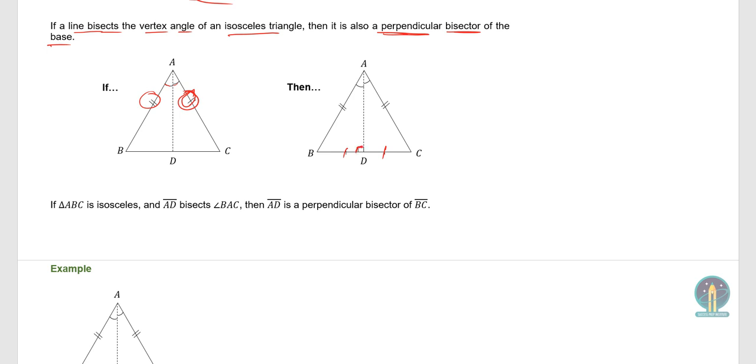So these two angles will be perpendicular, and these two segments will be congruent. So segment BD will be congruent to segment CD.